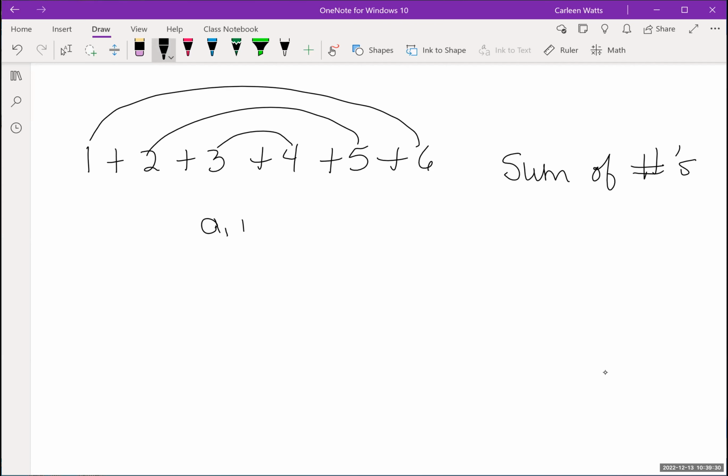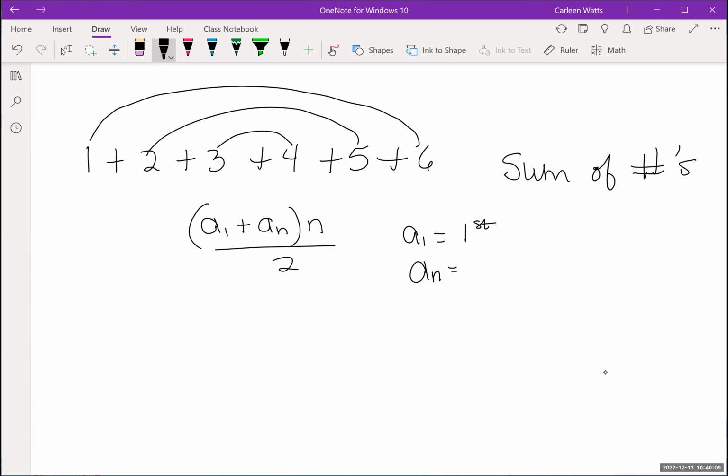a sub 1 plus a sub n, times n, divided by 2. Notice we're starting with an easy formula where a sub 1 represents the first term. A sub n represents the, anyone have a guess?